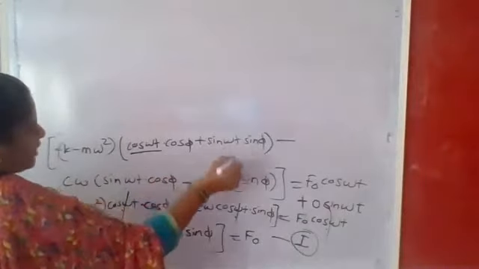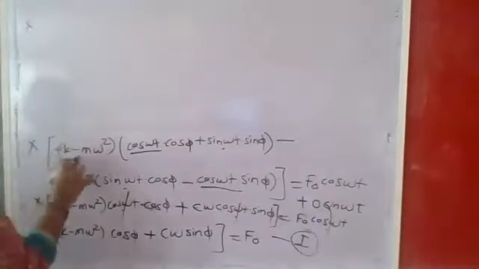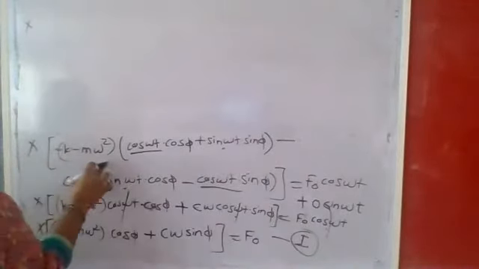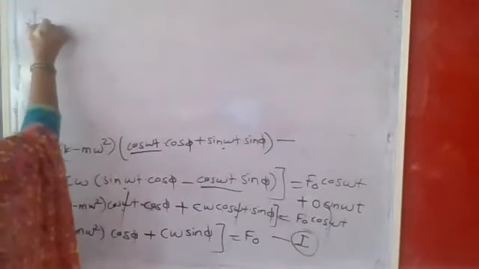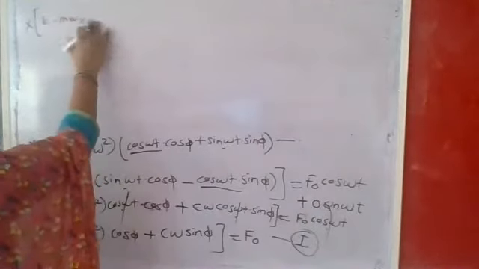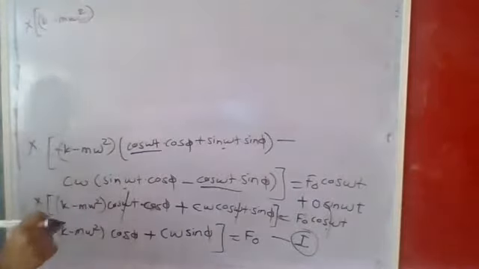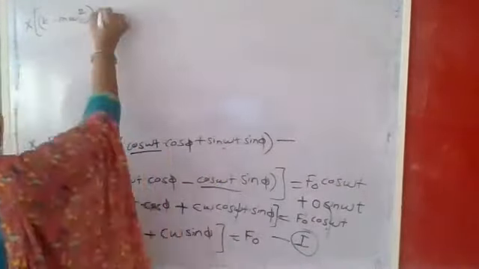There is a sin omega t and there is a sin omega t. So x into bracket, the remaining term, there is x into k minus m omega square, bracket complete, into sin omega t into sin phi.